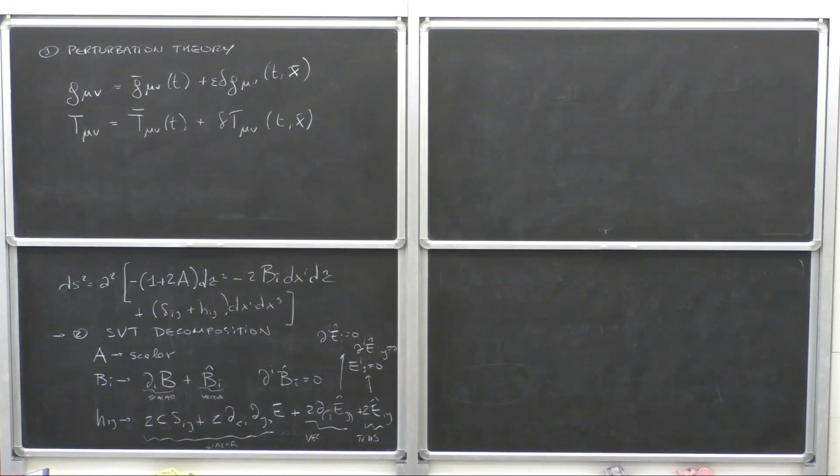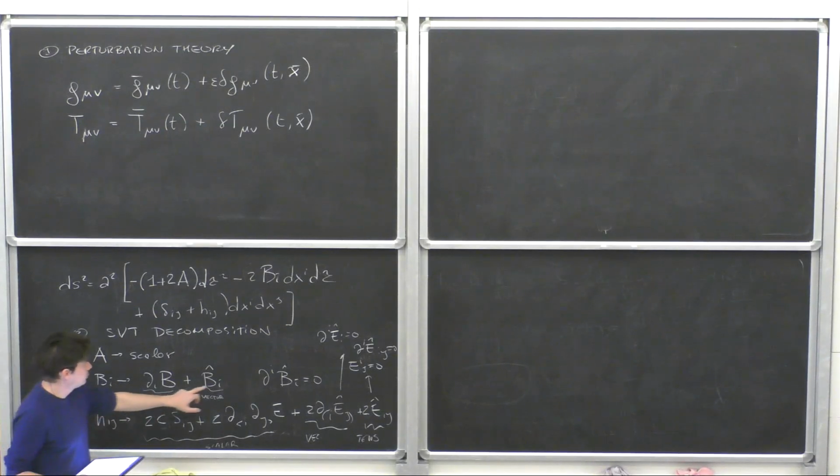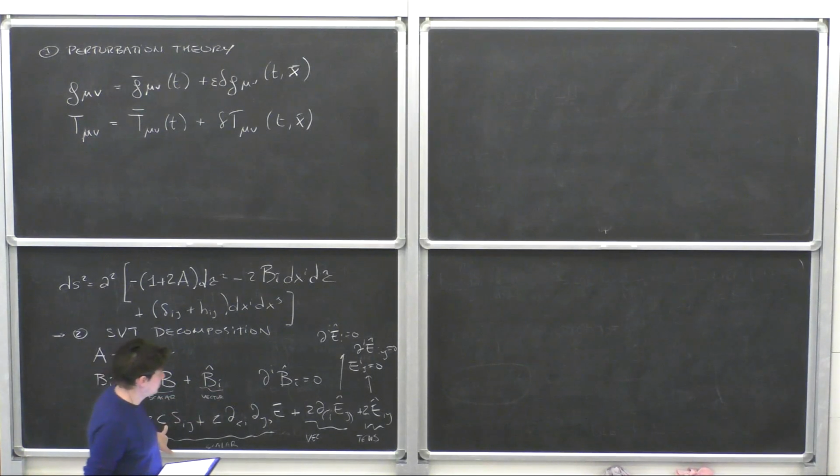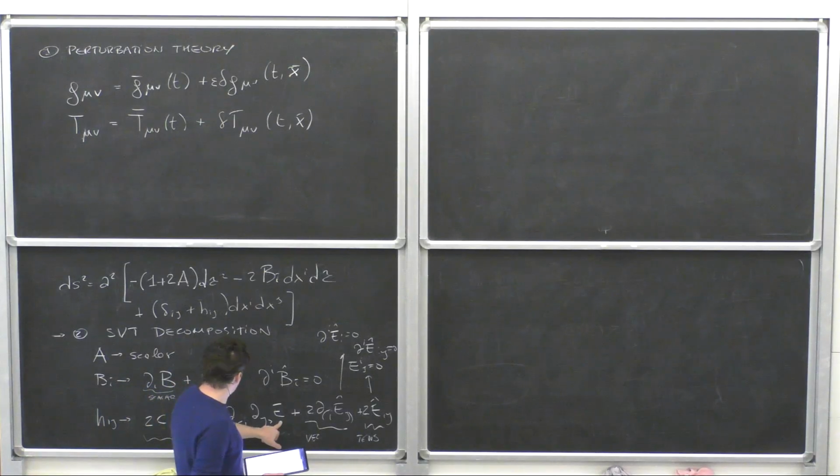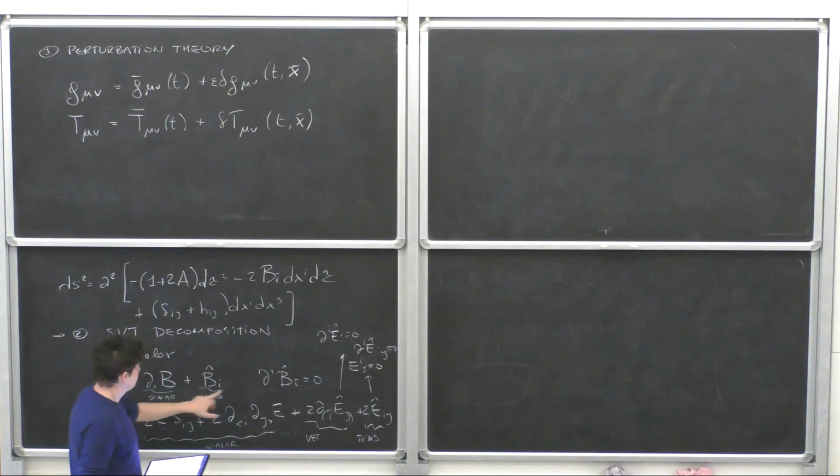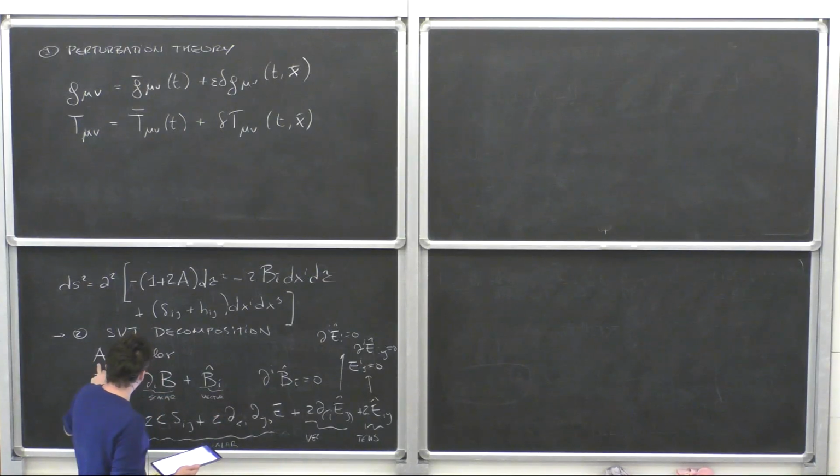Now, how many degrees of freedom do we have? Well, typically the metric is symmetric. 4 by 4 symmetric means we have 10 entries that we need to specify. So let's count them. Let's count the scalars: 1, 2, 3, and 4.